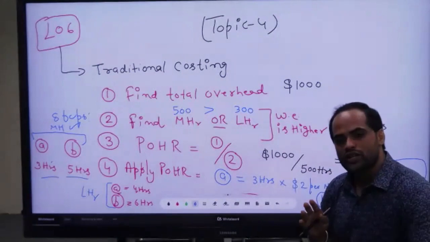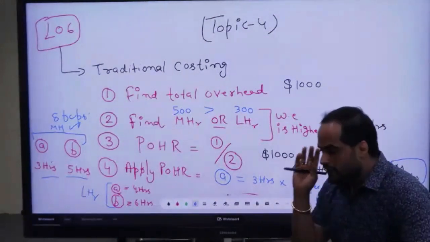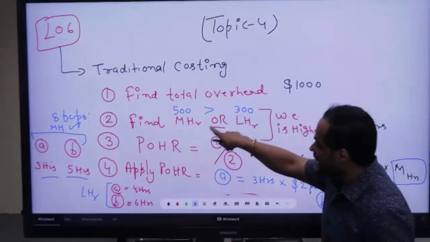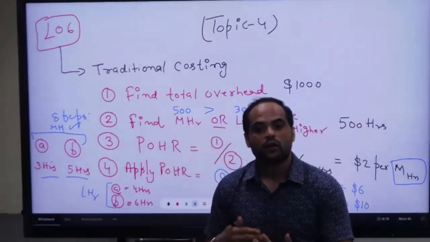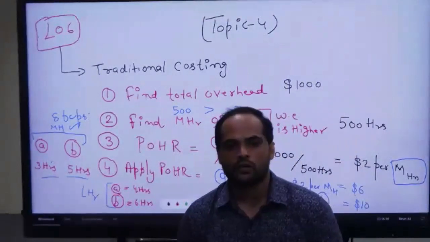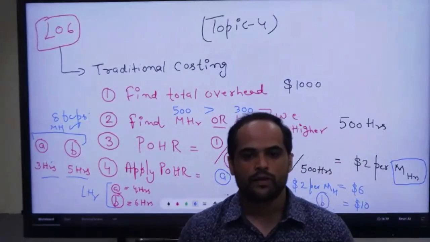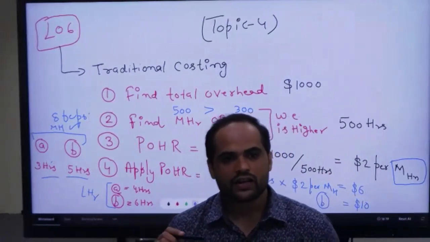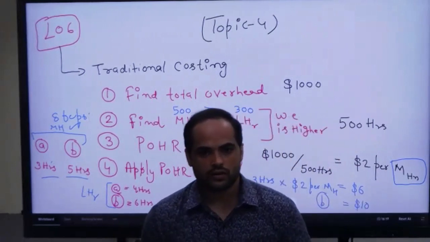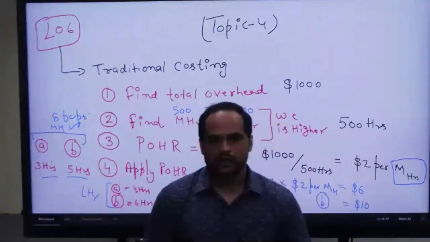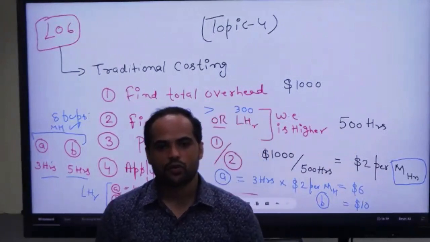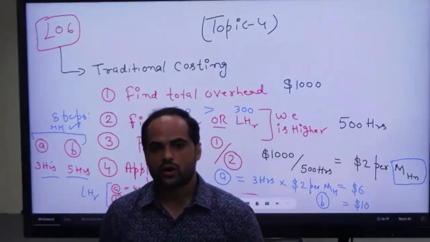But if it is labor hours in your question, then you will apply labor hours to allocate indirect cost. That you have to keep in your mind, which I was trying to explain before. So that's all about the traditional costing method. Now we move on to the second method, ABC, which stands for activity-based costing.